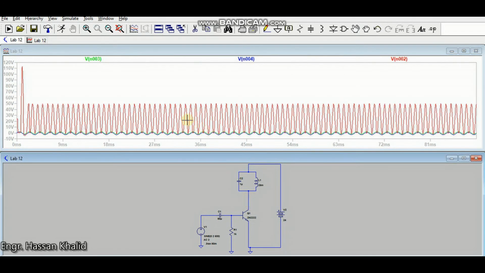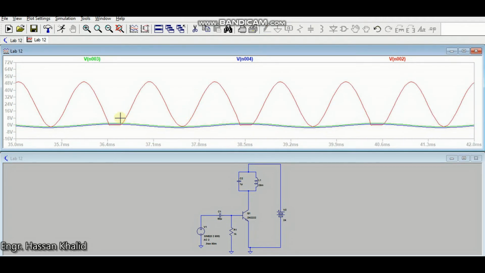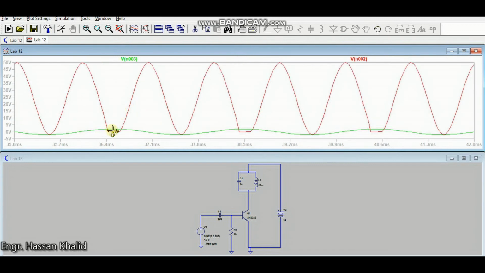This one is the output, and if I zoom in over here, you can easily see that the frequency of the input voltage is 500, and that of the output signal is twice the frequency of the input. It is also clear that whatever frequency is provided by the resonant tank circuit, the output will have the same frequency.